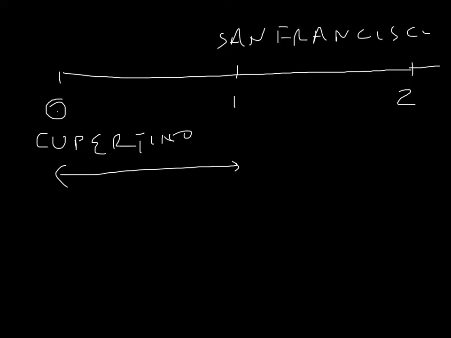So now, I'm going to erase this. We don't need that. So now what we're going to do is we are driving from Cupertino to San Francisco, and we've decided to stop at two places, and they're all at the same distance from each other. So again, I'll try to draw as equal as we can.